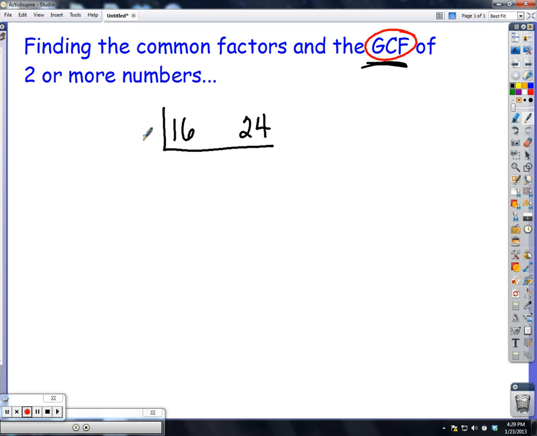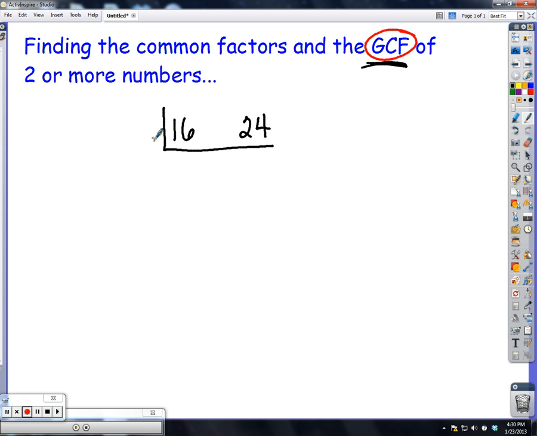Now, off to the left, right here, I want to think of the smallest prime factor that both 16 and 24 have in common with each other. You always want to think of the smallest prime number. Many times students at first think, oh, well, 1 is the smallest number because 1 goes into 16 and 1 goes into 24.